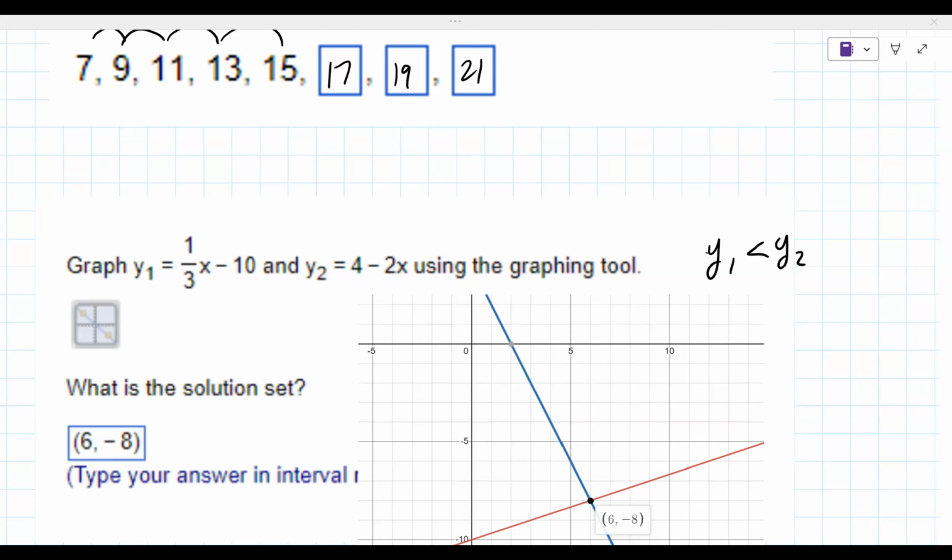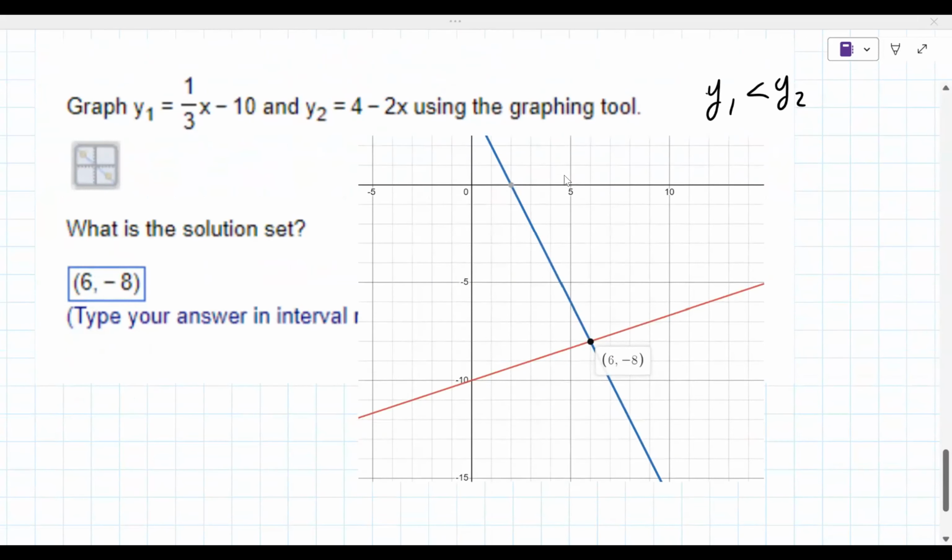They're really saying where is one line below the other. What do you want to do here? Because we can move on. Oh yeah, let's just go to the next one.